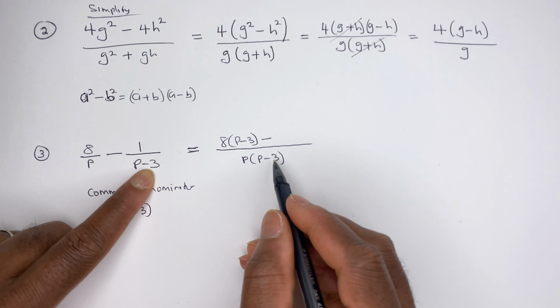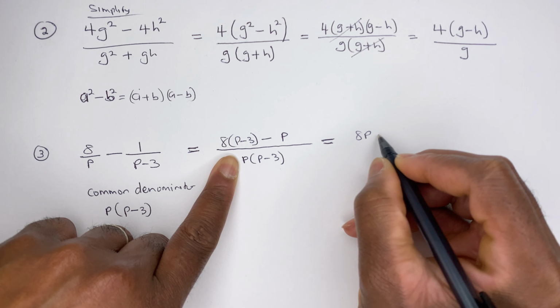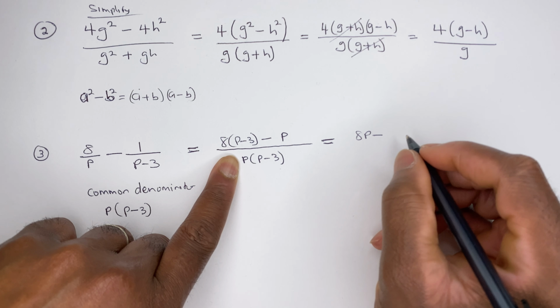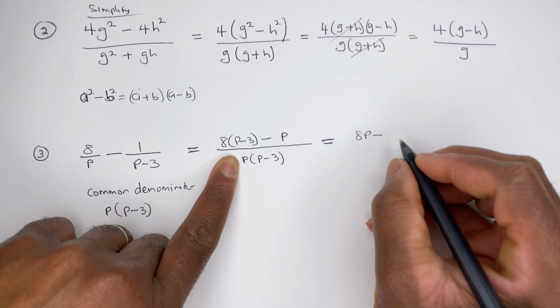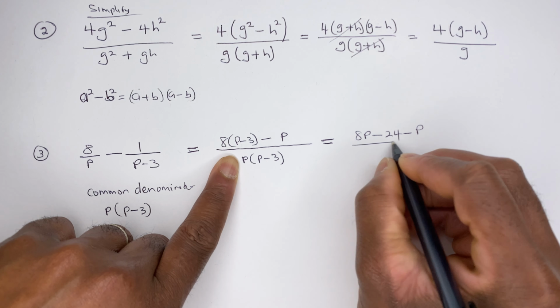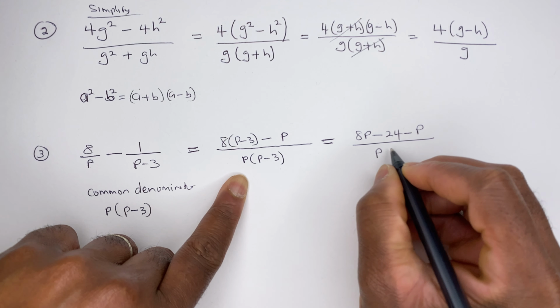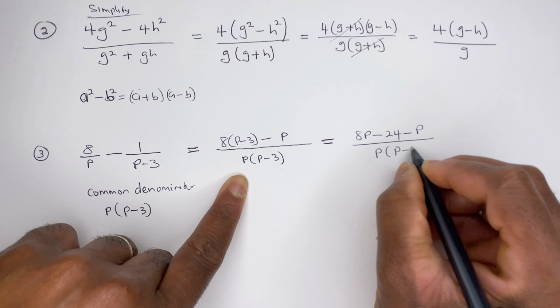So I will get 8p minus 24 minus p over p into bracket p minus 3.